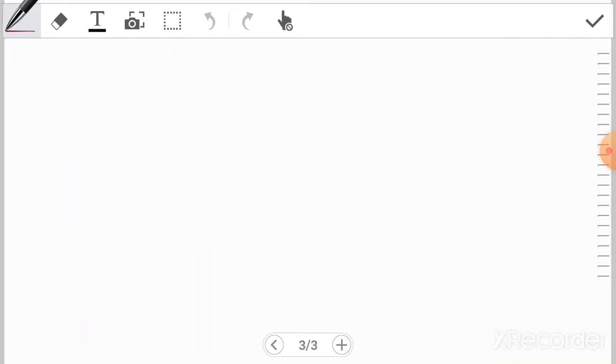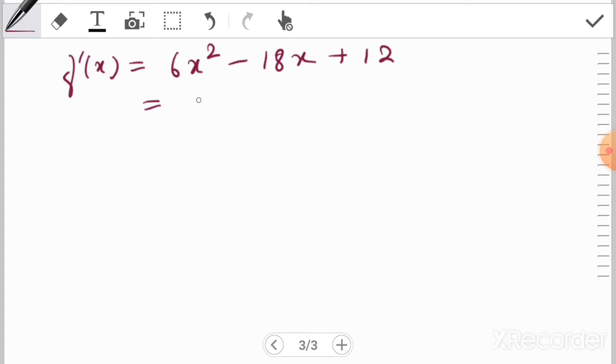So since it is a polynomial function, it is differentiable in its domain for all x. So differentiating with respect to x, we have f'(x) = 6x square minus 18x plus 12, right? So now find f dash x and equate to 0.